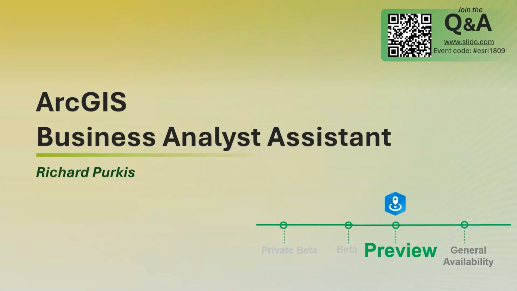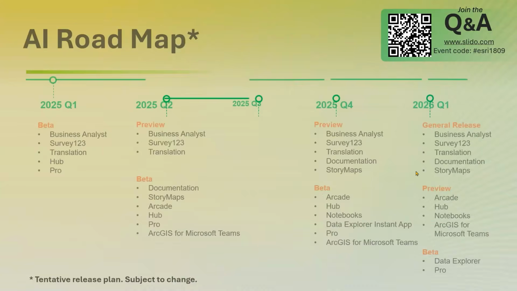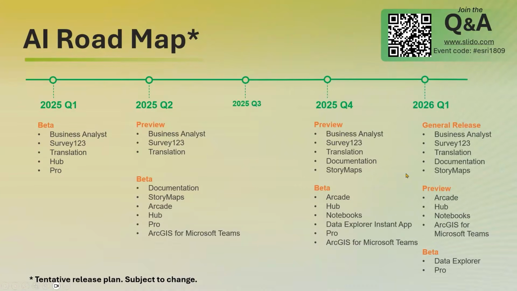But what's great is that many of the features you just saw, especially in Business Analyst, are in public preview, meaning that they're supported and you can start building them into your workflows with confidence. And to recap, let's take a look at where each of the AI assistants are in terms of their current status, as well as a look ahead to what's coming. In addition to the assistants that you've seen today, we also have beta assistants for translation, ArcGIS Hub, story maps, and ArcGIS for Microsoft Teams.